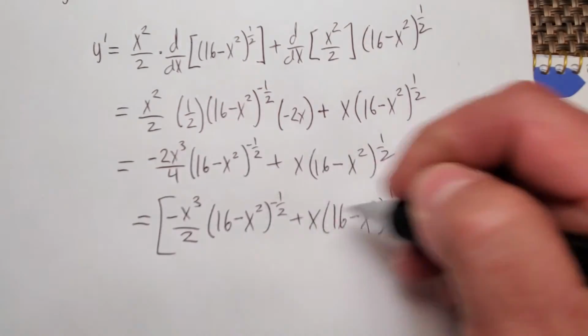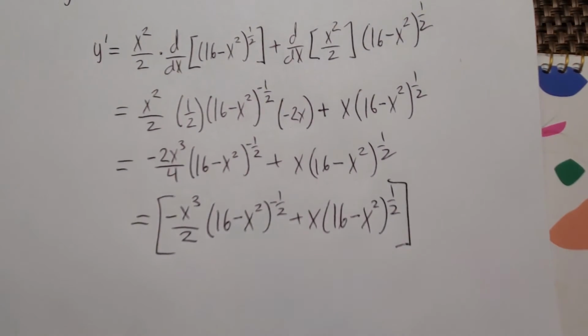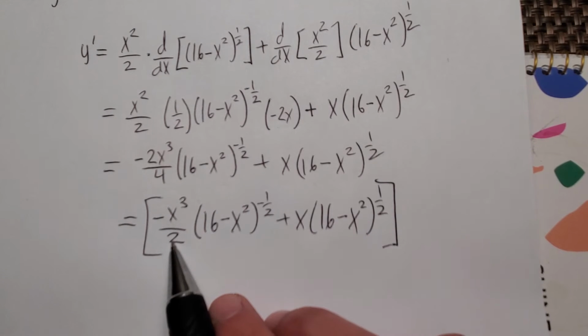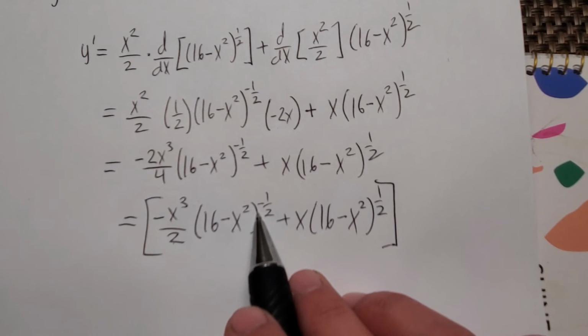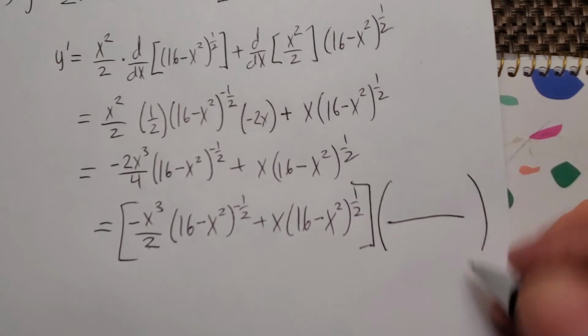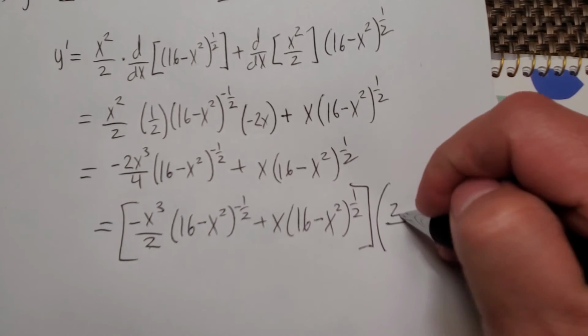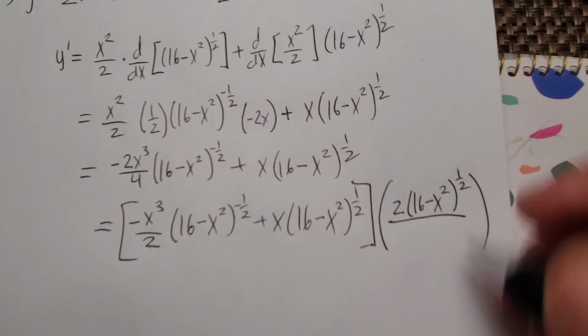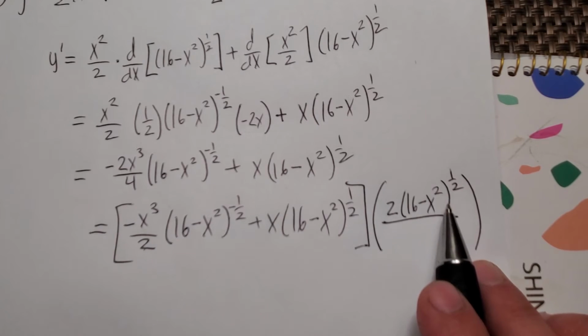So in order to satisfy all of the things that I just said, not having this 2 in the numerator of the fraction that we're going to end up with and not having a negative exponent, here's what I'm going to multiply by. I'm going to multiply everything by 2 times 16 minus x squared to the positive 1/2 power.